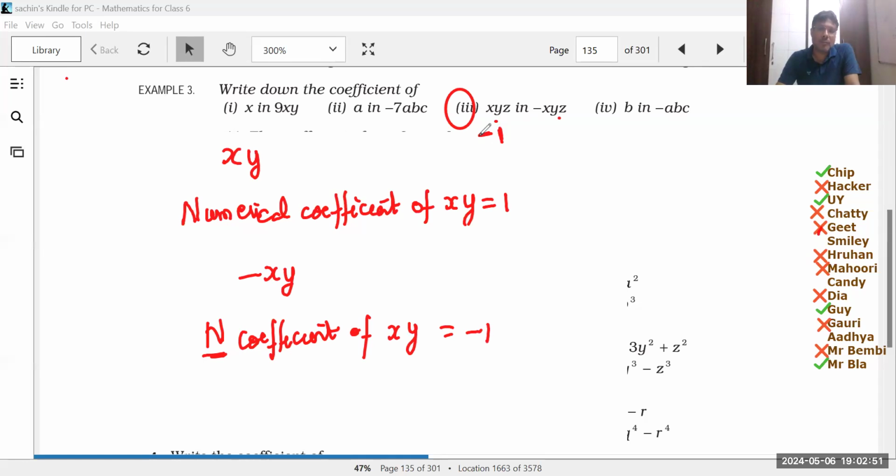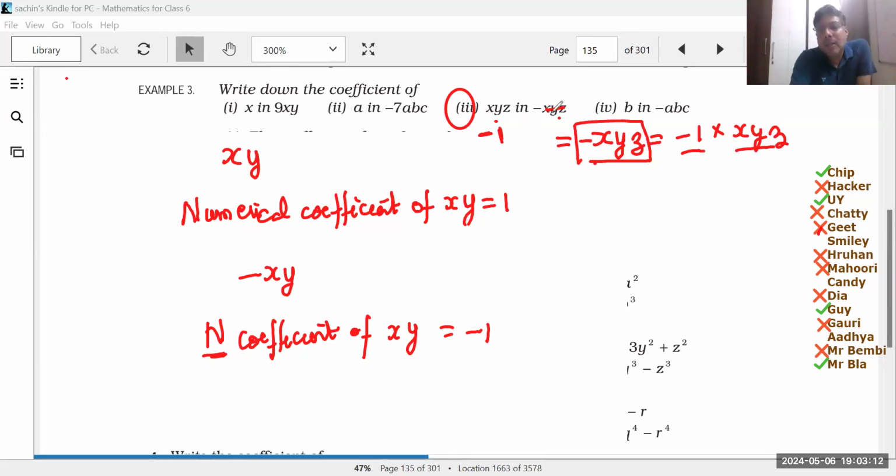Understood? Because अगर मैं xyz हटा दूंगा तो -1 बचेगा. Listen to me, this minus xyz is made up of -1 into xyz. जब मैं -1 को xyz से मल्टीप्लाई करता हूं तब माइनस xyz आता है. सो अगर xyz हट गया तो क्या बचा? -1. अंडरस्टूड?